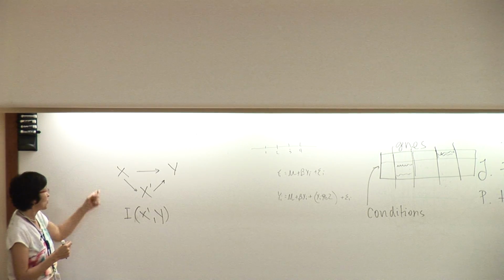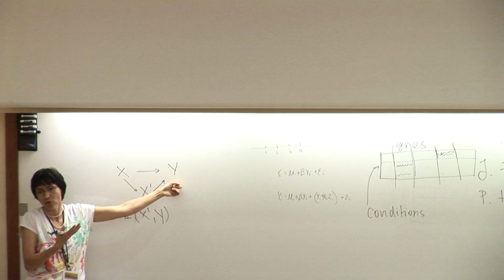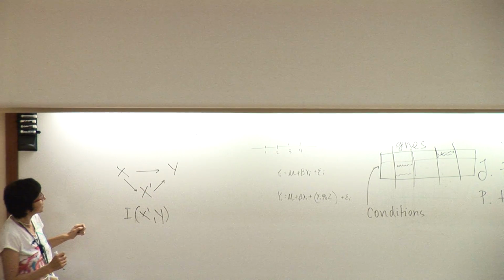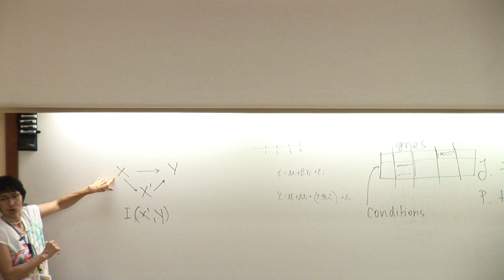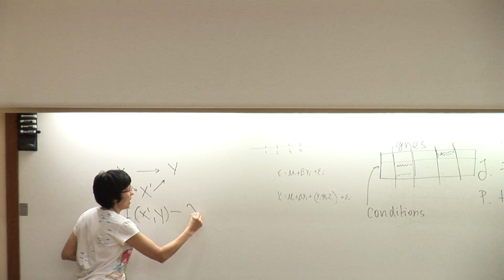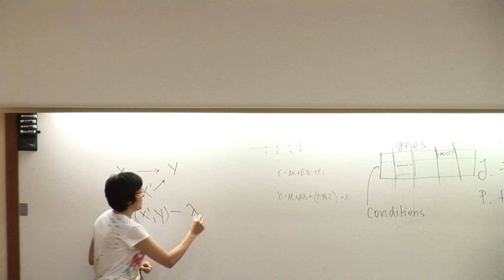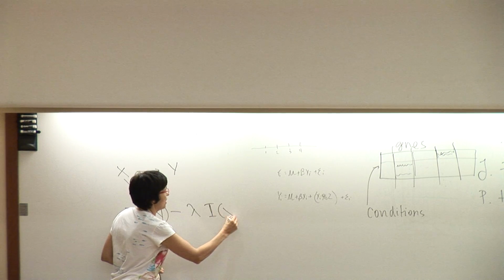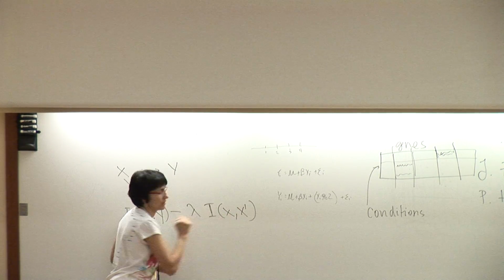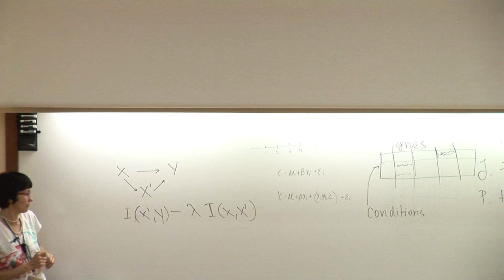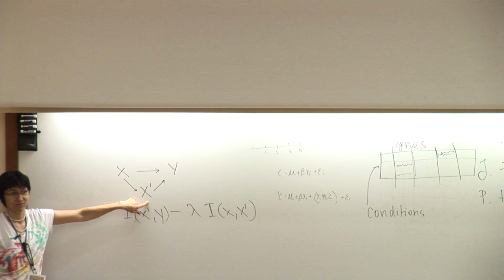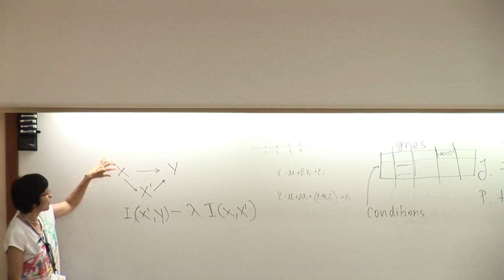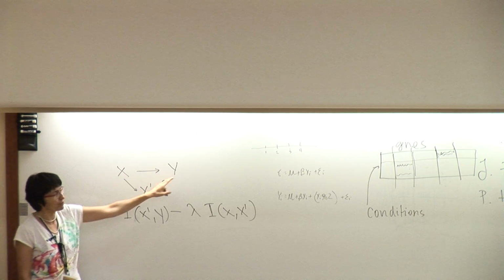However, of course, X predicts Y well, only I don't know how. So the smart thing is that I want X prime to extract as little information from X as possible, so that I only get relevant information. So I'm going to put minus some lambda parameter times the information between X and X prime. And X prime is the bottleneck. So I want to go from X to Y, but I want to get only the relevant information in predicting Y.